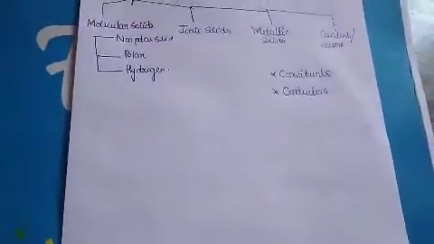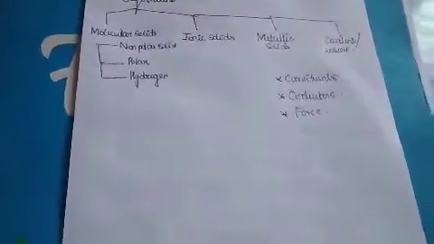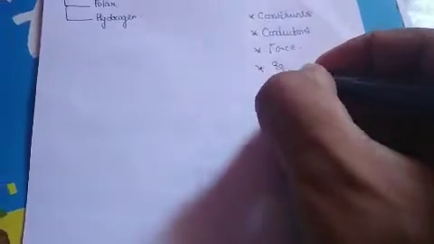In all these classifications, we are mainly focusing on the categories: what are the constituents in all these solids, what is their conducting capacity, whether they are good or bad conductors of electricity, what type of force exists between these molecules or atoms, and what their examples are.